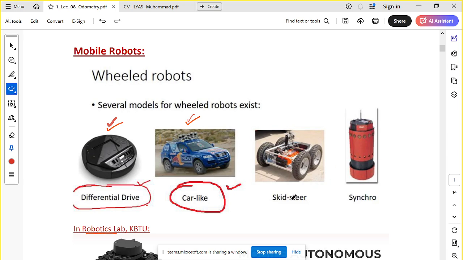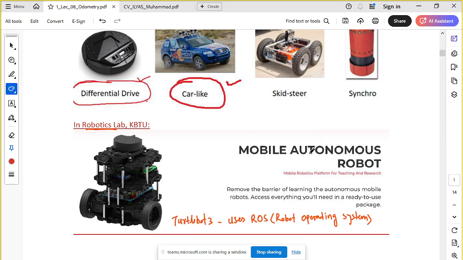And there are other types, skid steer and synchronous. They are not very common in the design of mobile robots, and we are not going to study them. The mobile robot you see on the left is called Robot-03, and it is available in our robotics lab in room 271.